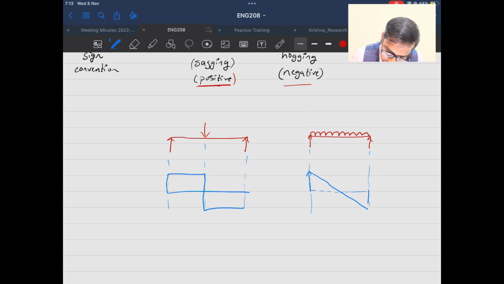This is how my shear force diagram will look. So this is my positive region, negative region, positive region, negative region.